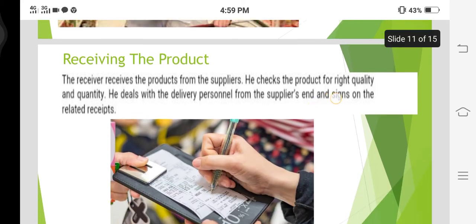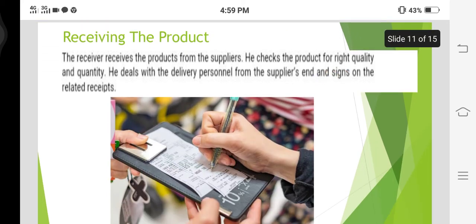Next is receiving the product. The receiver receives the product from the suppliers. He checks the product for right quality and quantity. He deals with the delivery personnel from the suppliers and signs the related receipt.